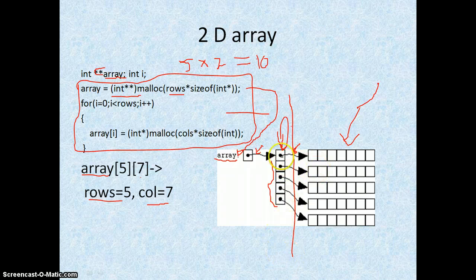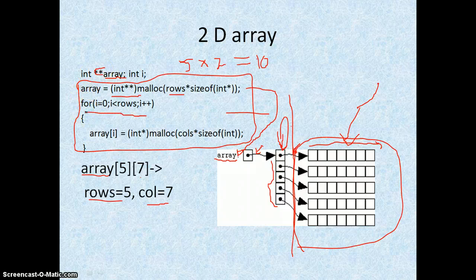Now each of these array elements is a pointer to that many columns. So here we need to do this allocation, and for that we need a for loop over the number of rows.